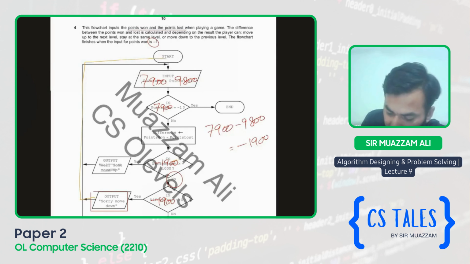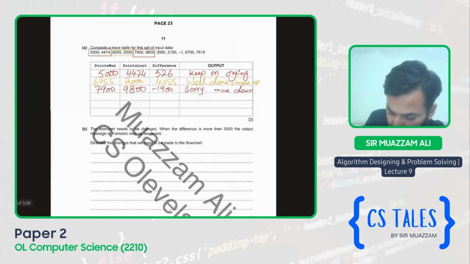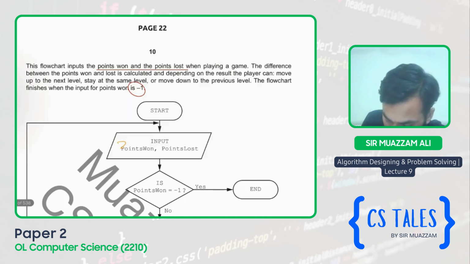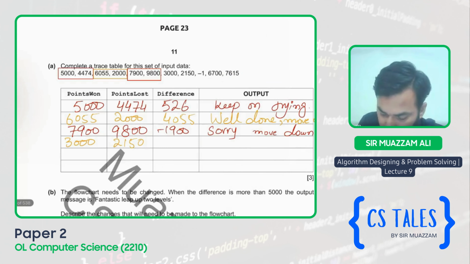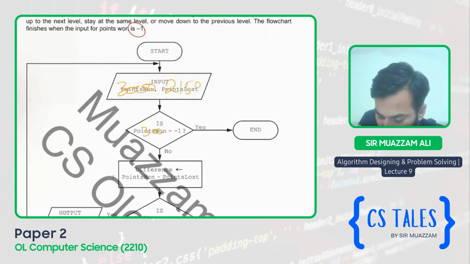After that, again take a new input. This is 3,000 and 2,150. Is points won, 3,000, equal to minus 1?